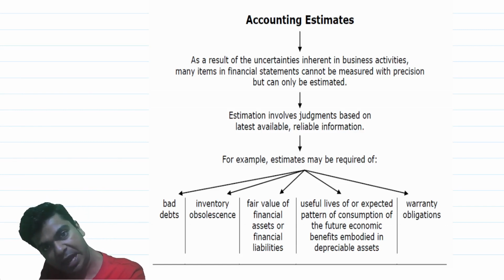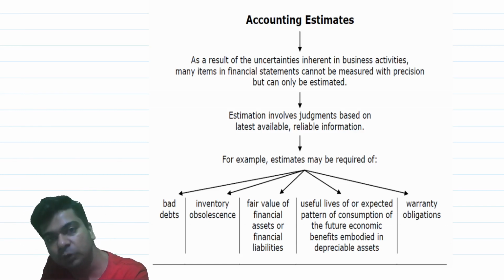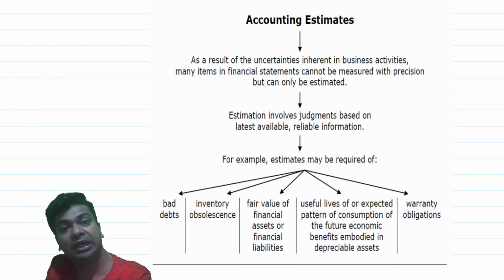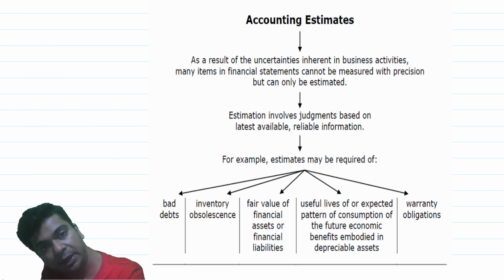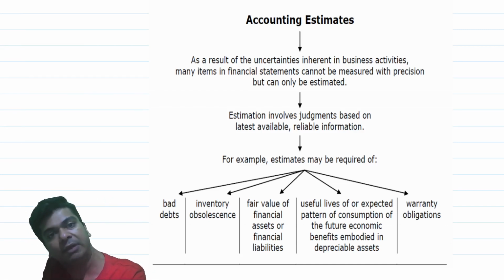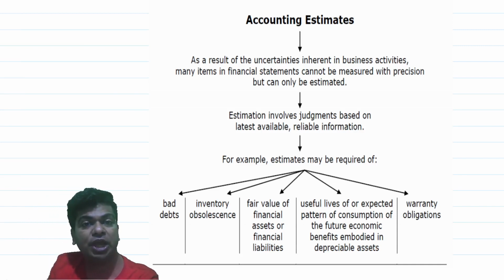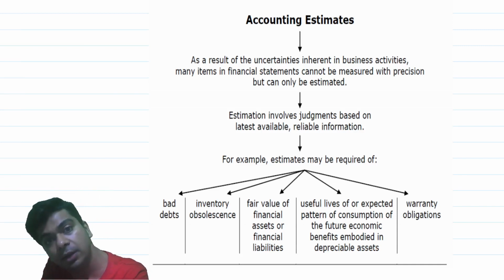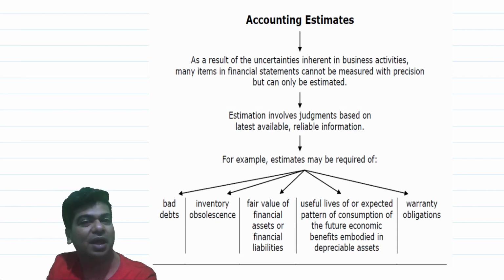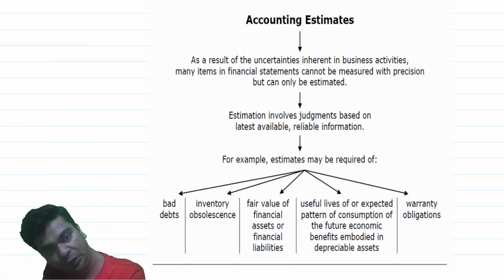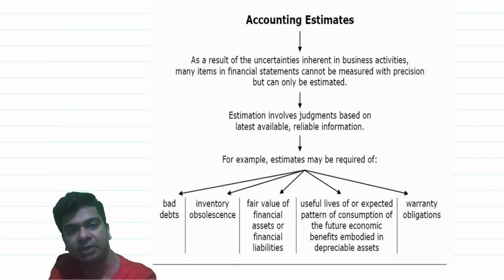That is the reason, as better information is available in future, you can definitely change the amount of the estimate. But unlike an accounting policy, a change in accounting estimate shall be given effect prospectively. Accounting policies are changed retrospectively, but not accounting estimates.